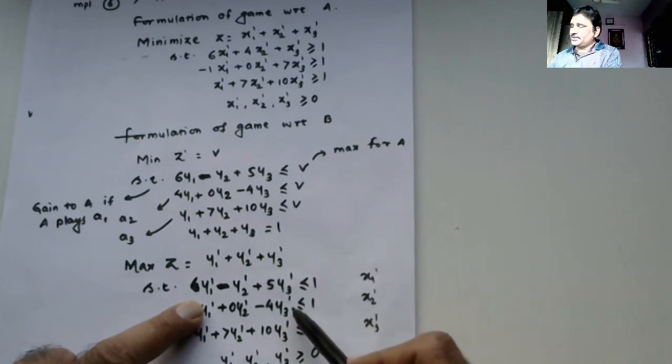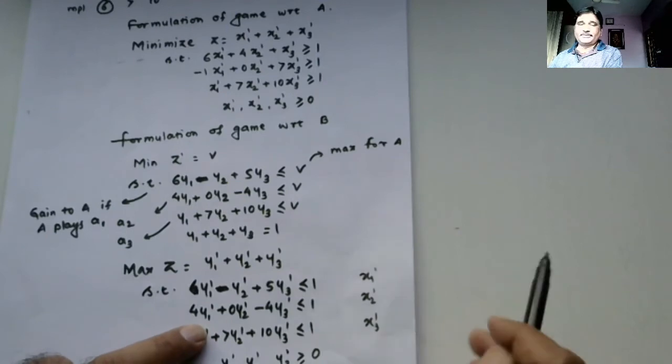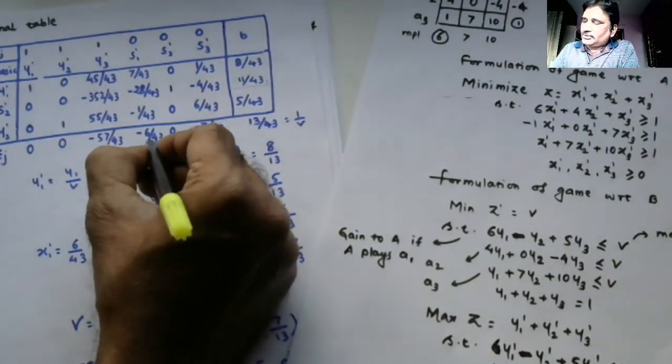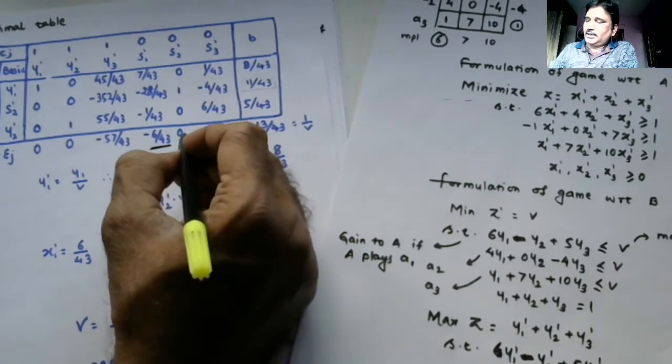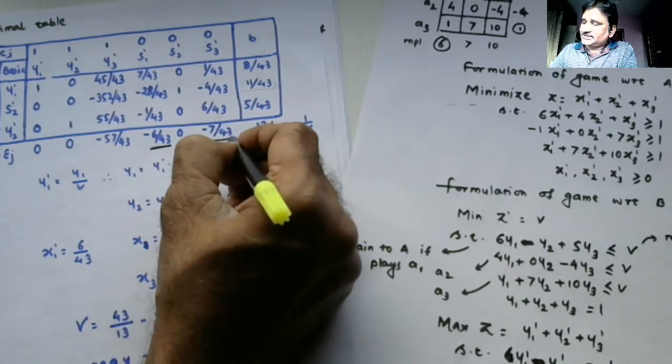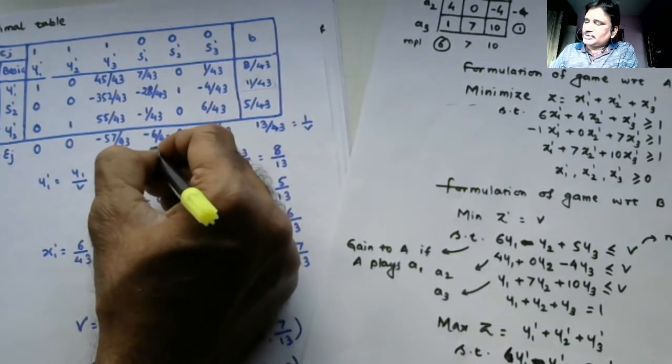For the second constraint, s2 dash, that will be the value of x2 dash. So here I have the Cj minus Zj values of s1 dash, s2 dash and s3 dash. These are the values of x1 dash.